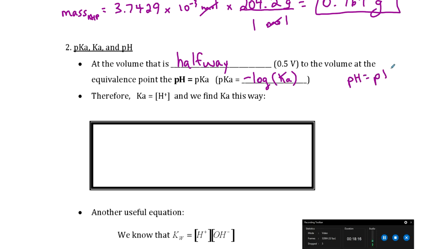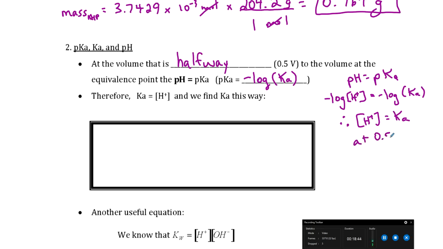pH equals pKa. So if I write out, well, pH is the negative log of the hydrogen ion concentration, and pKa is the negative log of the Ka value, we could say, therefore, the hydrogen ion concentration equals the Ka at 0.5 of the volume that you're titrating.